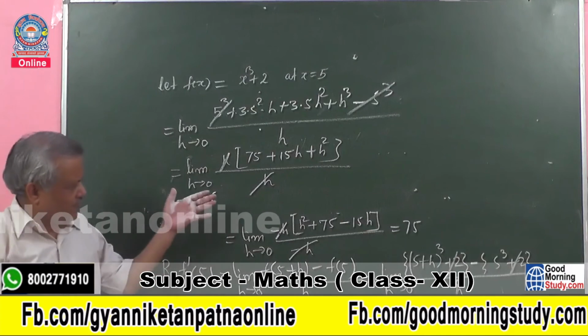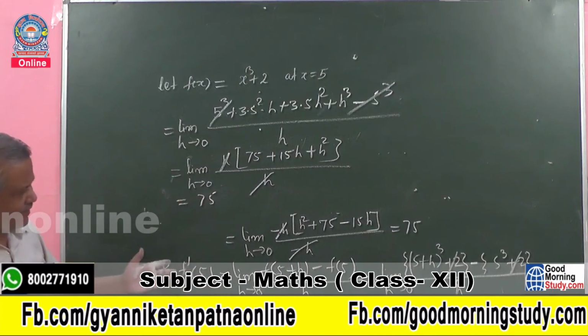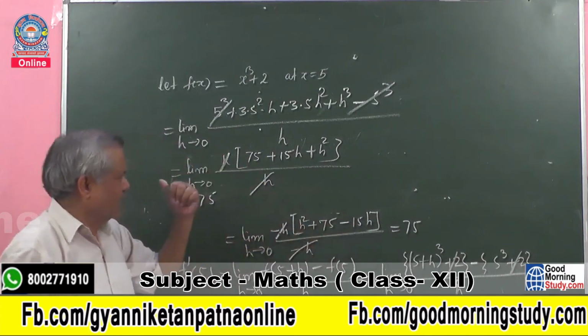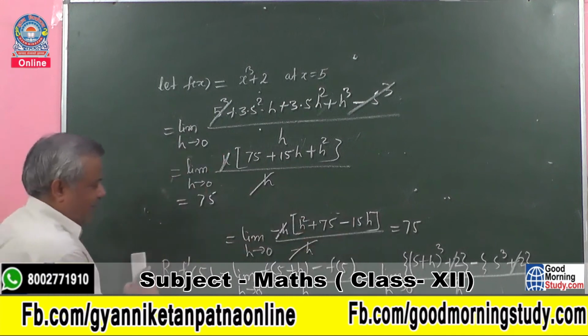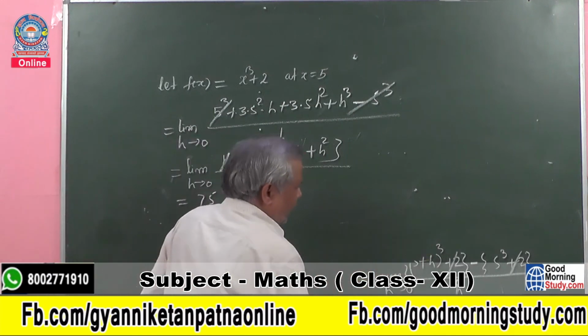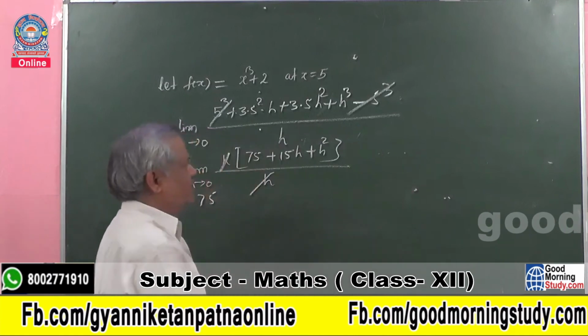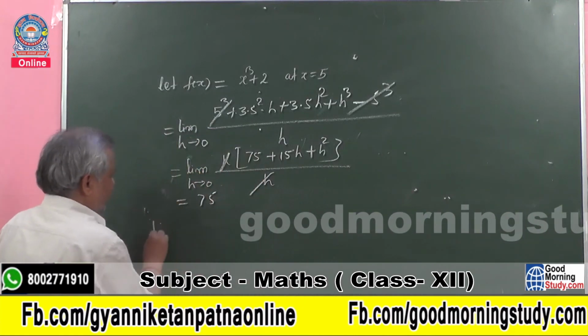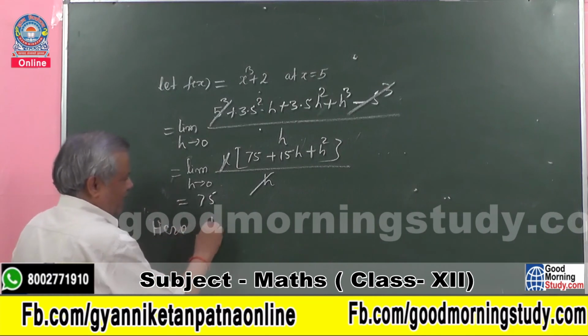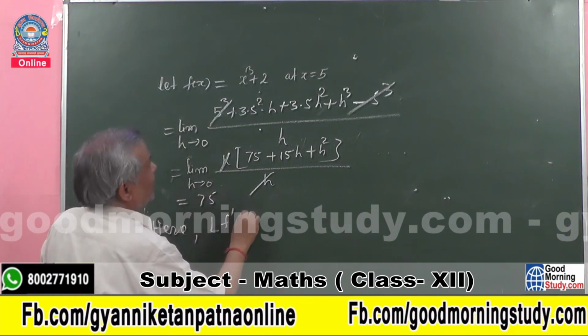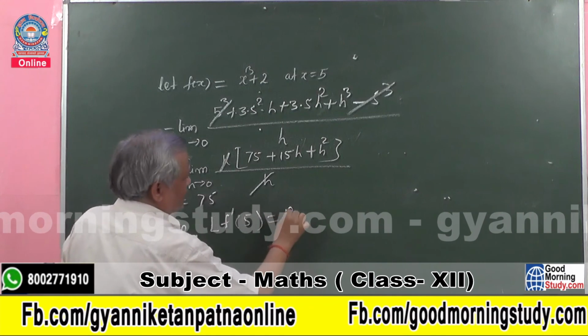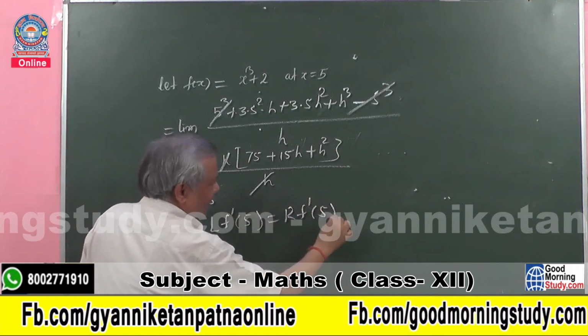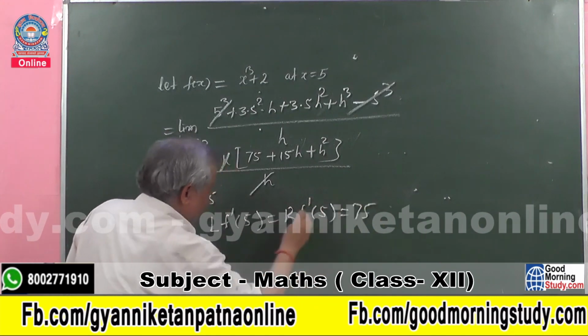Thus, what have we obtained here? That is, the left hand limit is 75 and right hand limit is 75. The two are finite and equal. Therefore, the derivative of the function exists at x is equal to 5. So here we have Lf dash 5 is equal to Rf dash 5, and the value obtained is 75.